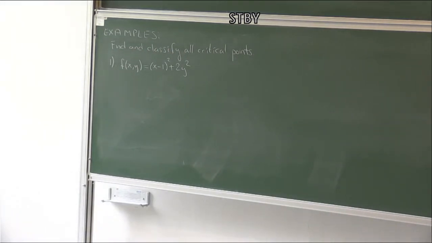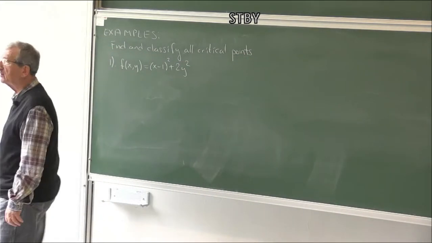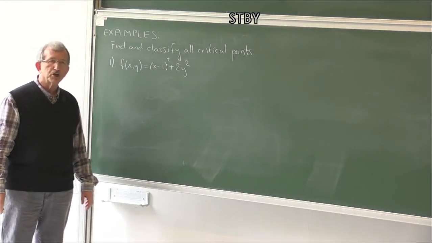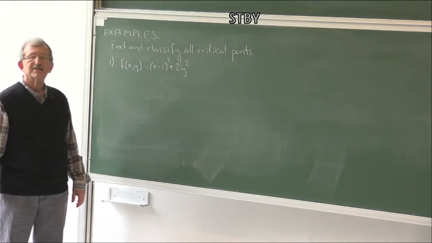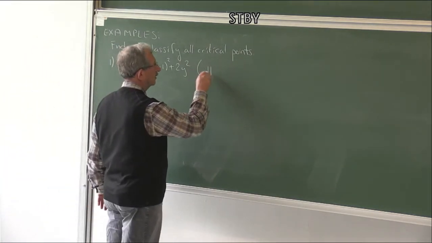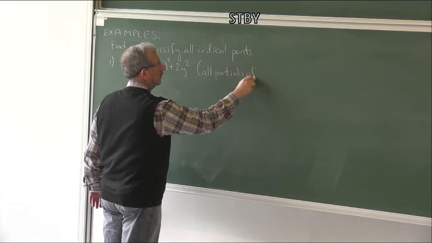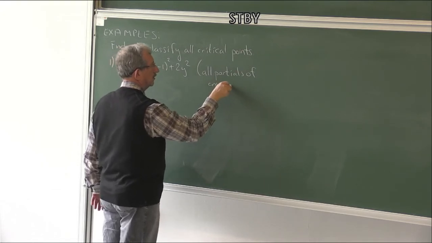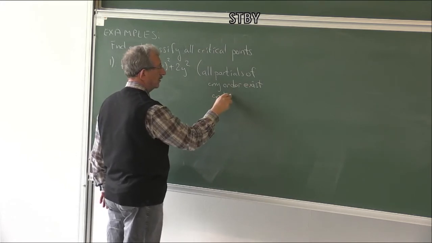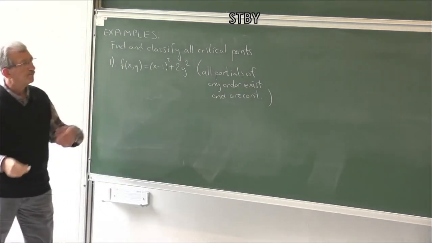Okay, now, obviously, this is a polynomial, and so it has all orders of partial derivatives, and so all partial derivatives exist of all orders, and they are continuous, since this is a polynomial.